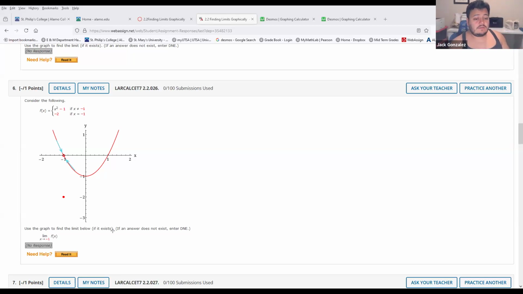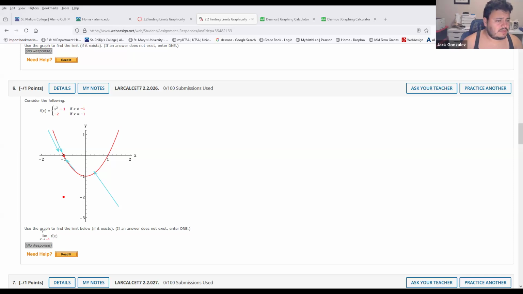See how they keep asking you if it exists. So let's say it was going to 0 on one side, then over here it's going somewhere else. Then you would say does not exist. The single-sided limits do exist, but the actual question here does not. Does that make sense?